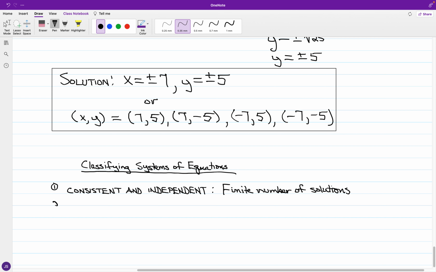For the second category, we have inconsistent, and an inconsistent equation system is one that results in no solution.